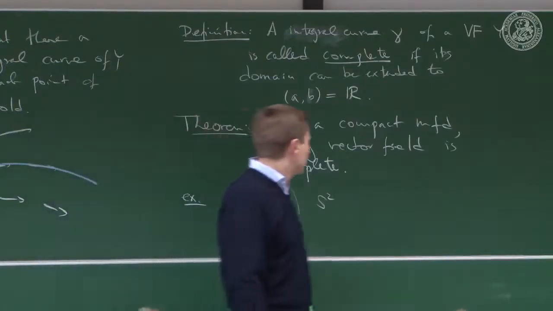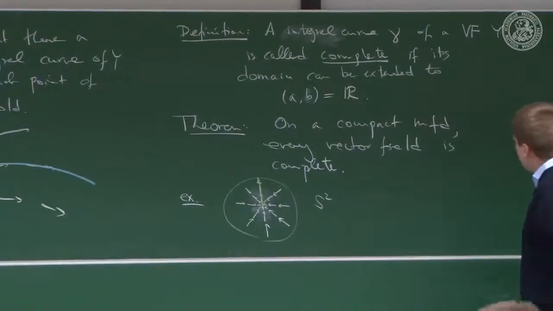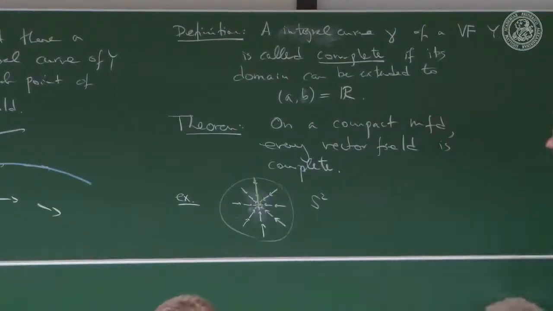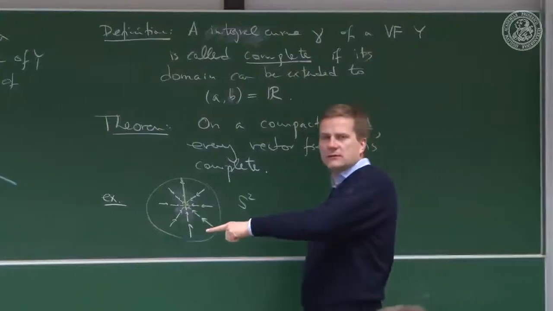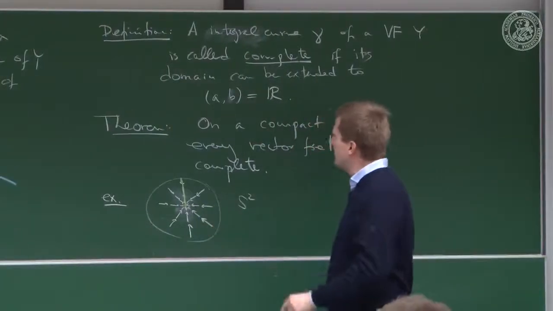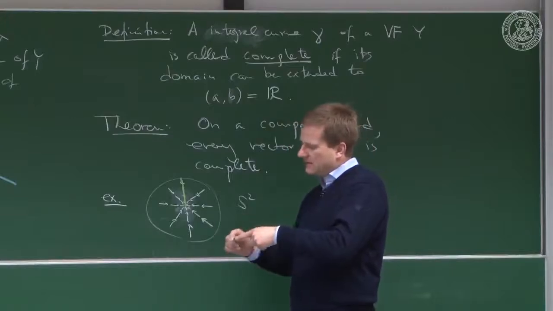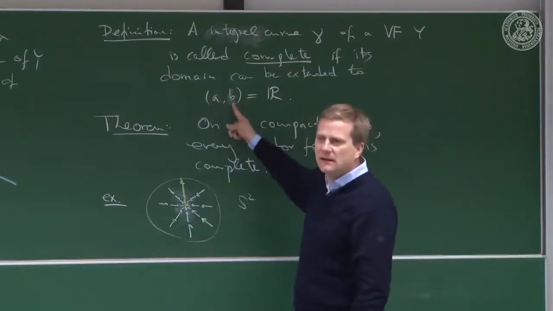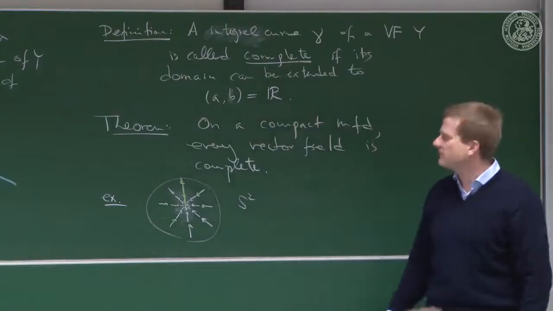Okay? And now if you have a non-compact manifold, you can have such situations that you have a vector field on there, and you come to a point for a finite parameter b, and you cannot continue, or it's no longer an integral curve.